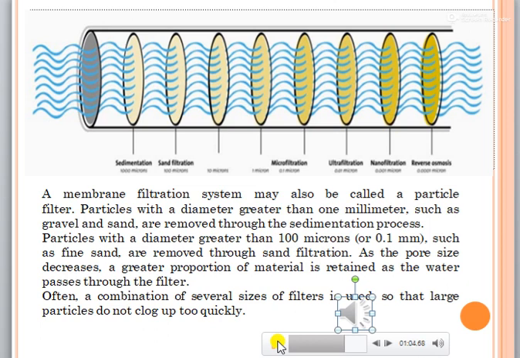In order of decreasing pore size, the common membrane processes are microfiltration, then ultrafiltration, then nanofiltration, and then hyperfiltration. The membrane with the smallest pore size is used in hyperfiltration.